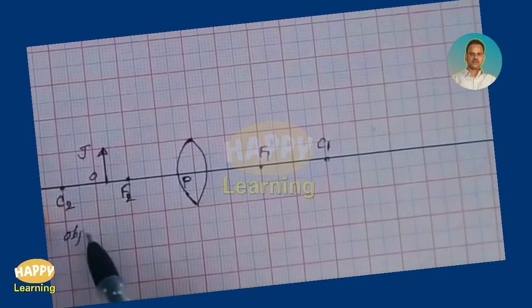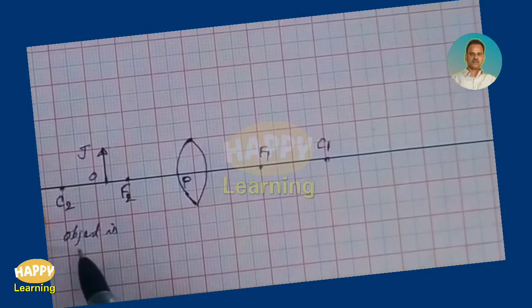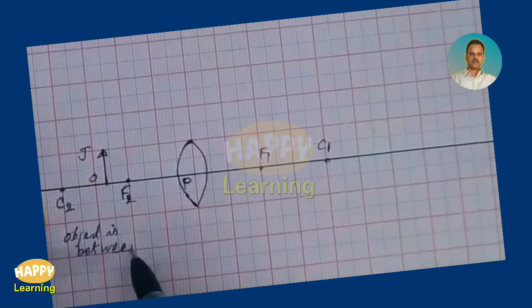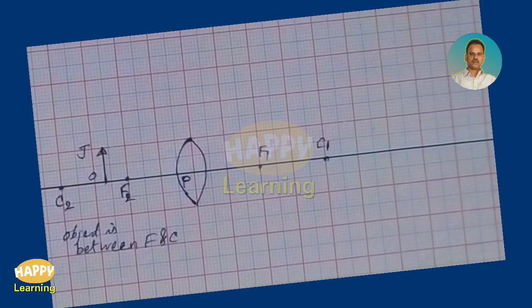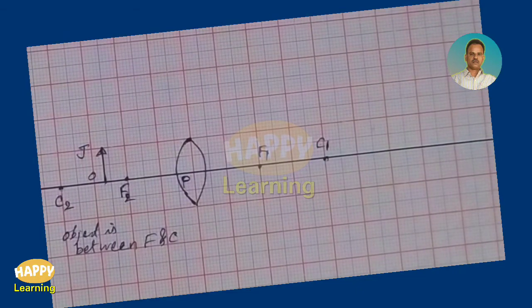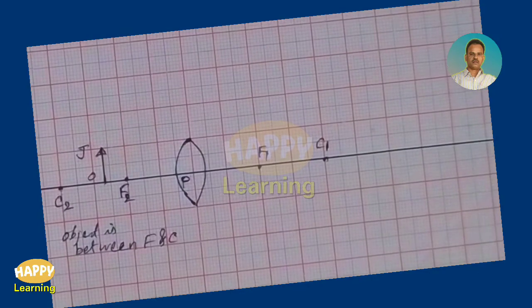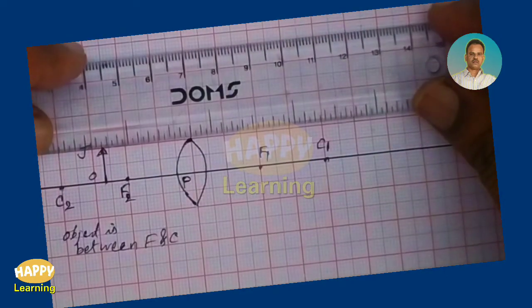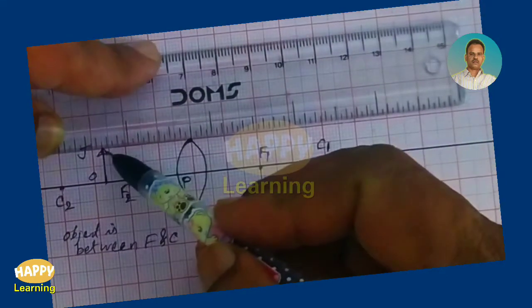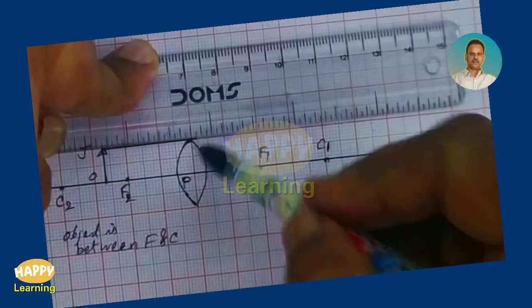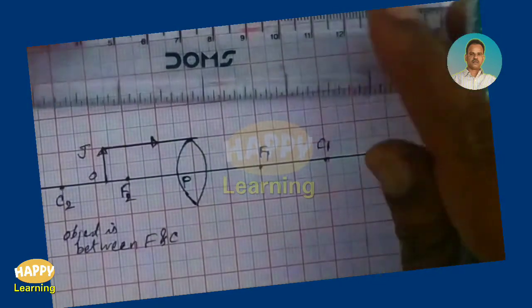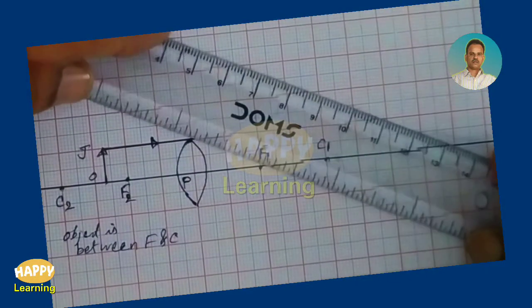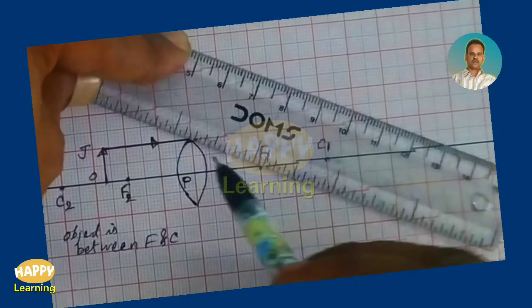So the object is selected such that it is between F and C. Now let us draw the ray diagrams. One ray is selected parallel to the principal axis, and that ray after passing through the lens will pass through the focus.